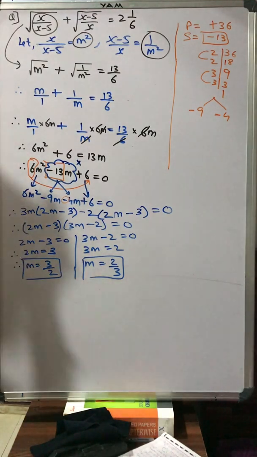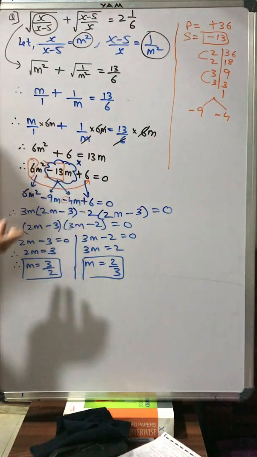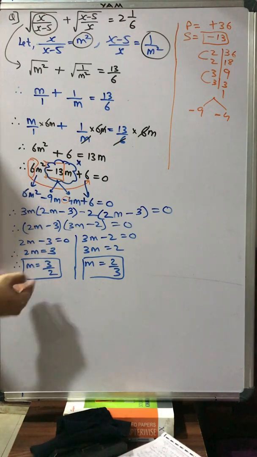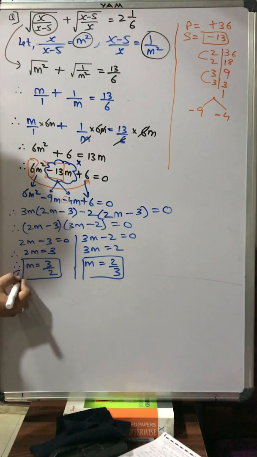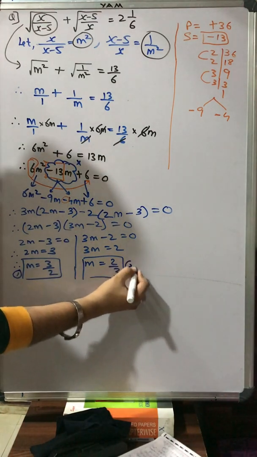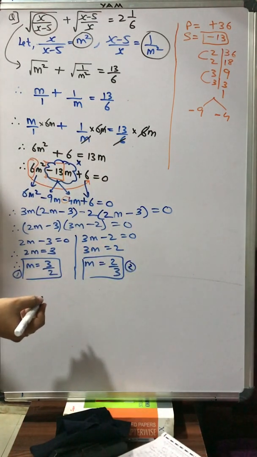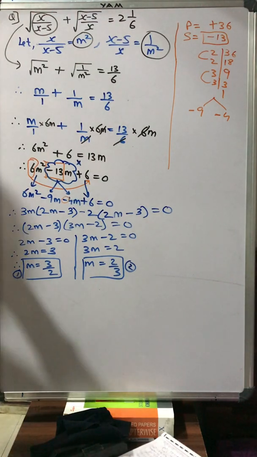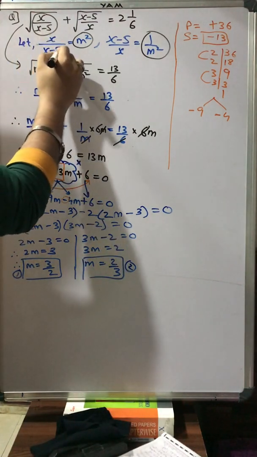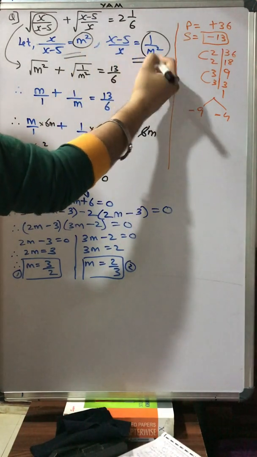I need to resubstitute. So wherever there is m, first time I'll substitute the first value of m. This is my first value of m as 3 upon 2, and this is my second value of m as 2 upon 3. Okay, now it's your choice. Either you substitute in this equation or you substitute in this equation. It's one and the same.